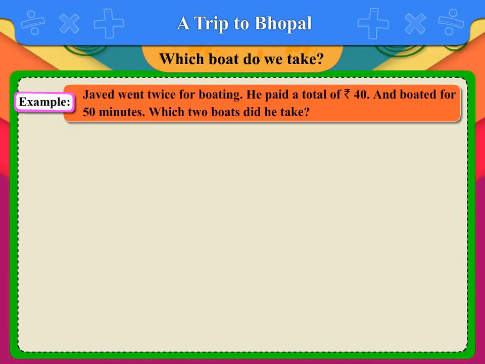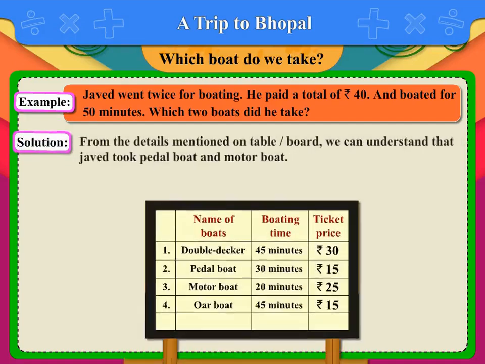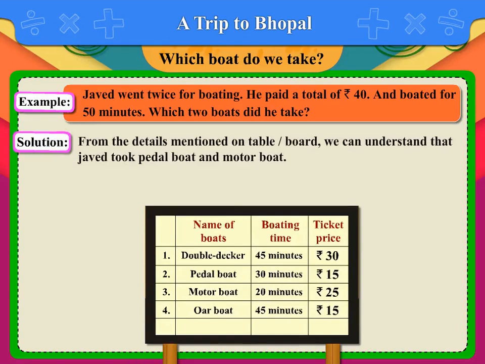Example. Javed went twice for boating. He paid a total of rupees 40 and boated for 50 minutes. Which two boats did he take? Solution. From the details mentioned on the board, we can understand that Javed took the pedal boat and motor boat.